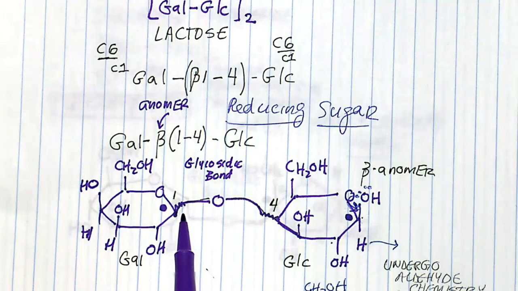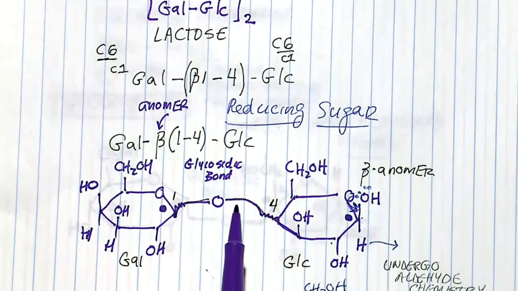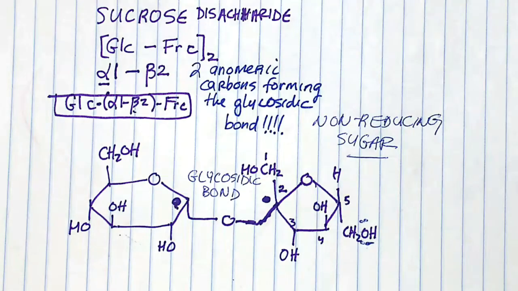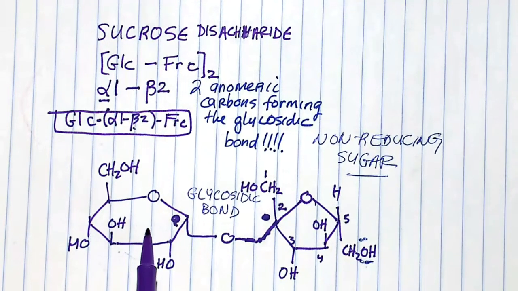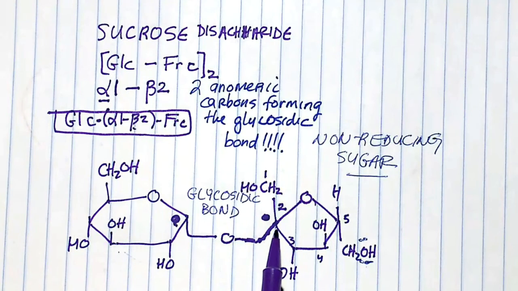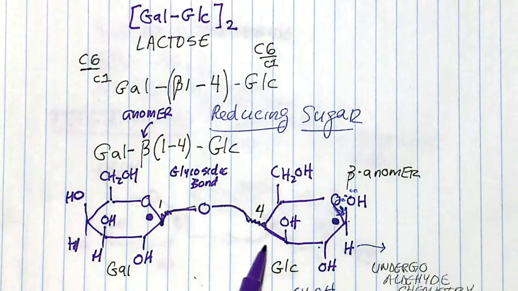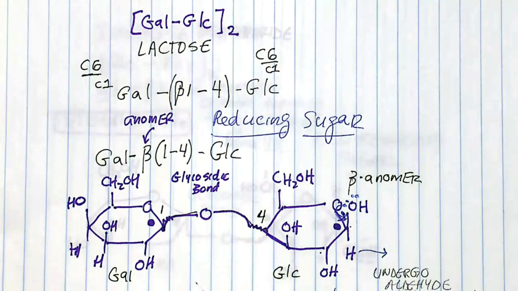More specifically, it's the beta form. So beta 1,4 because the beta anomer of galactose is making a bond. Alpha 1 beta 2 for sucrose because the alpha anomer of glucose is making a glycosidic bond with the beta anomer of fructose. Just simply beta 1,4 for lactose because again it's the beta form of galactose forming a glycosidic bond with carbon number 4 of glucose.